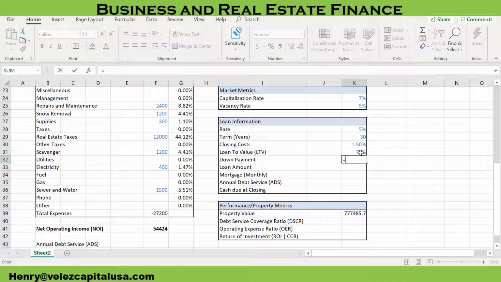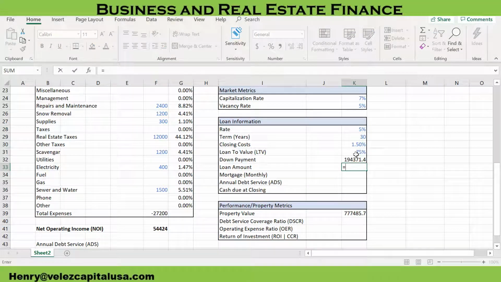It's going to be 1 minus whatever that is. And this is dynamic. You always want to link the cell so when something changes, it'll build out the mortgage calculator for you. Okay? So you multiply that by the property value to take 25% or whatever difference of that loan to value is, and it gives you a down payment of $194,000.